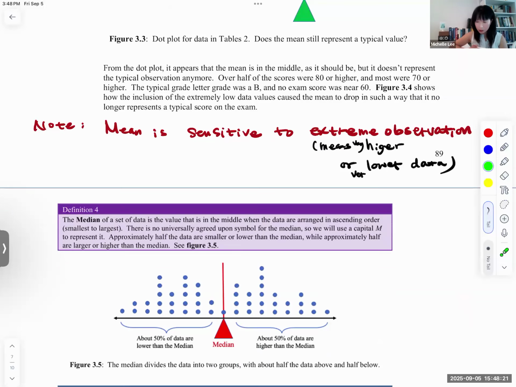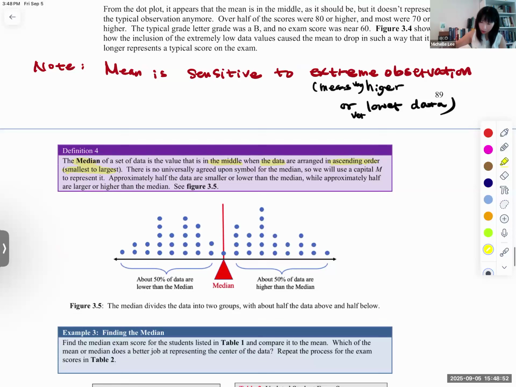The median is the middle number from the data set. Median, middle number of the data set. But in the data set, we have to make ascending order. Ascending order means smallest to largest. Okay. So median, middle number.